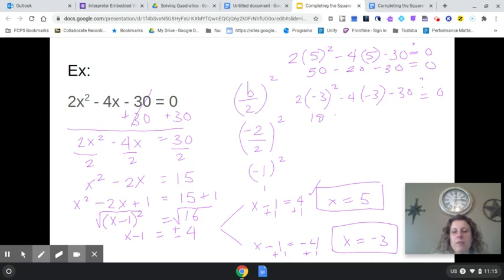Negative 4 times negative 3 is positive 12. 18 plus 12 is 30. Minus 30 does equal 0. So the second solution did check as well. So we do have two answers, x equals 5 or x equals negative 3.